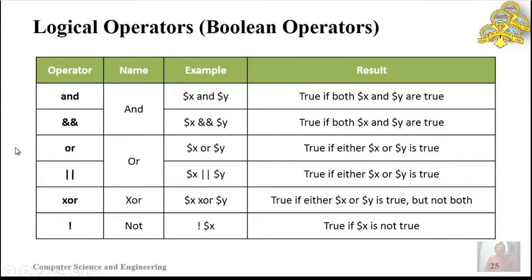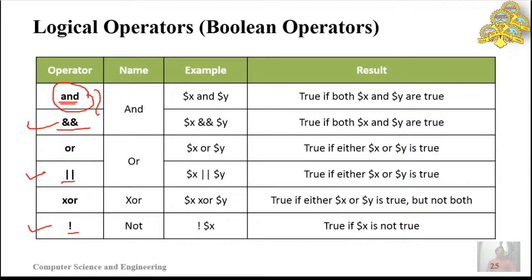So here is another set, logical operators. They are also called Boolean operators. Observe that the double ampersand sign, double pipe character, and exclamation mark are already known to you, that is logical and, logical or and logical not. Along with this, PHP also provides the AND operator in words, that is AND.